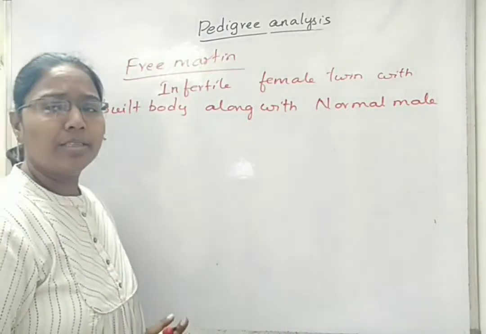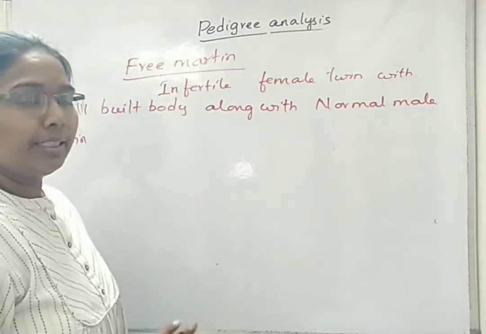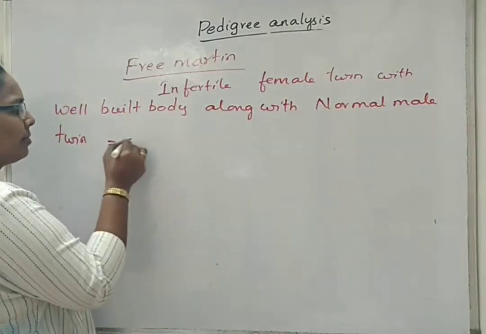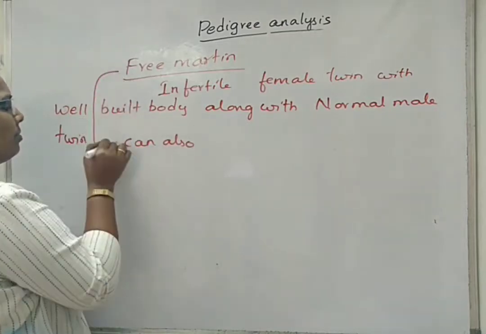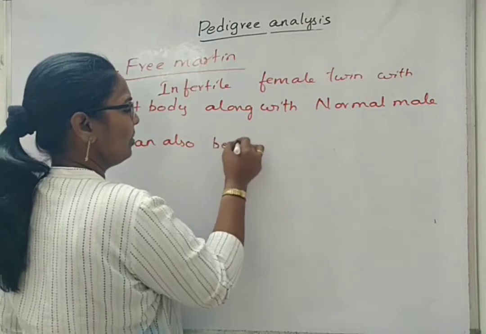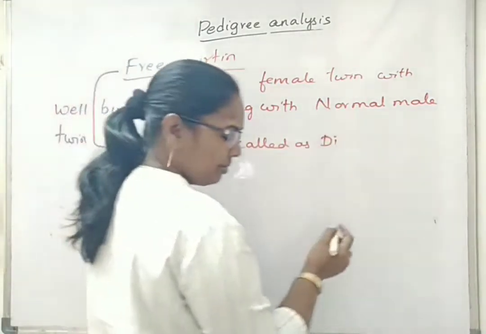Now, we can also use a term like dizygotic twins, but the condition is the female is infertile and has a hefty body. It can also be called a dizygotic twin.